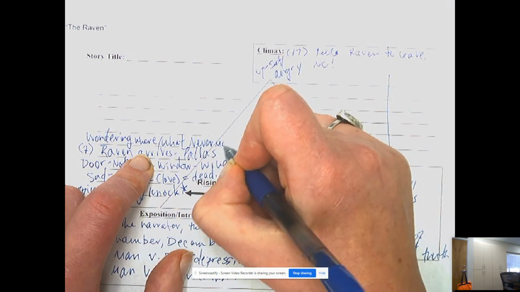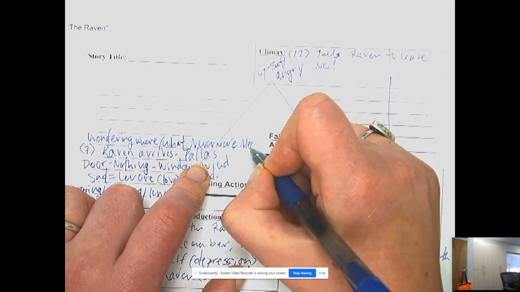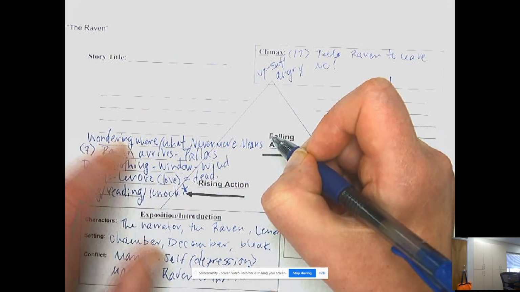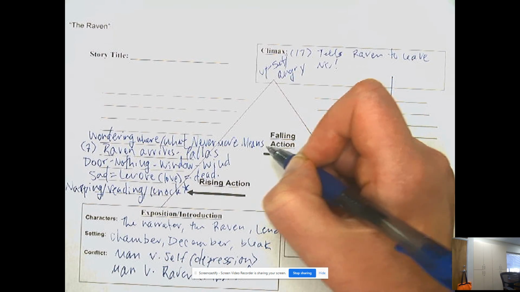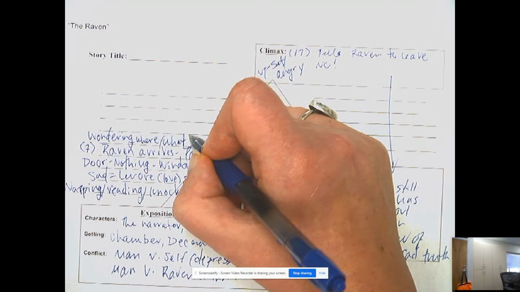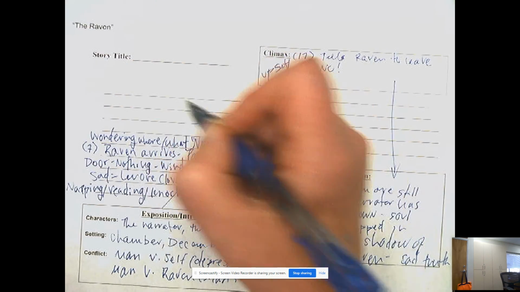He asks the raven what his name is, and the raven says nevermore. And that sets off a series of him thinking about what this could possibly mean.